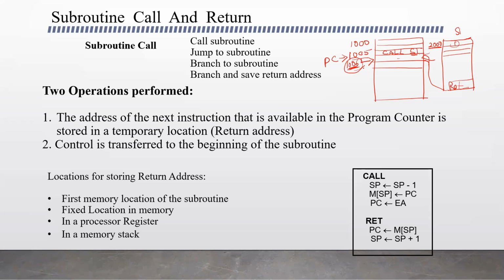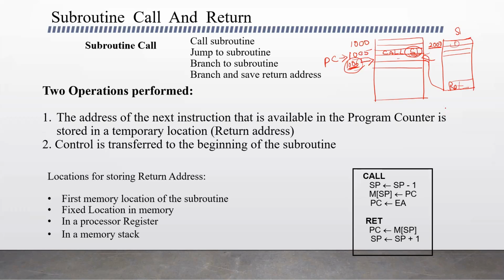And the second operation is to transfer the control to the beginning of the subroutine. How do we transfer the control? By loading the beginning address of the subroutine, specified in the call instruction, into the program counter. This way the control is transferred to the beginning of the subroutine.